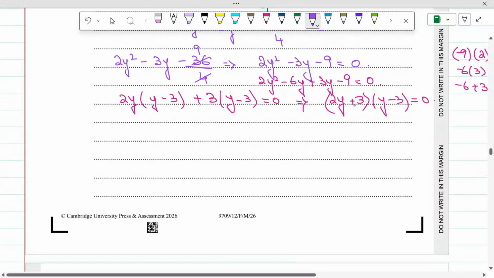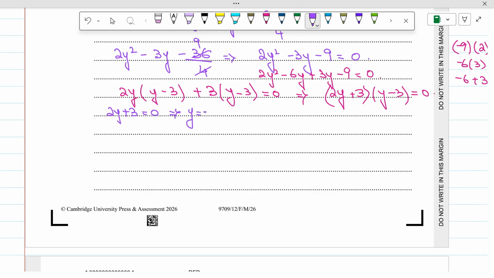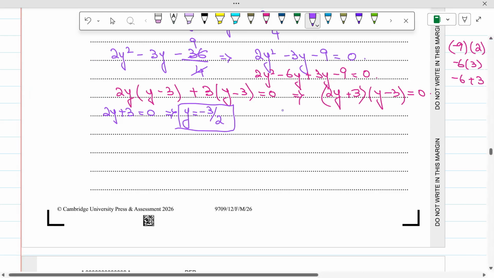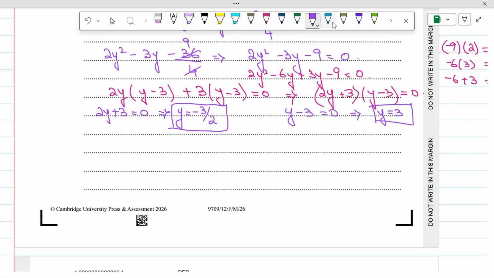So we have two factors of y. Equating each with 0, we have 2y plus 3 equals 0, meaning y equals negative 3 over 2. Similarly, when we equate the second factor with 0, y minus 3 equals 0, so y equals 3. So we have calculated the y coordinates of the intersecting points.